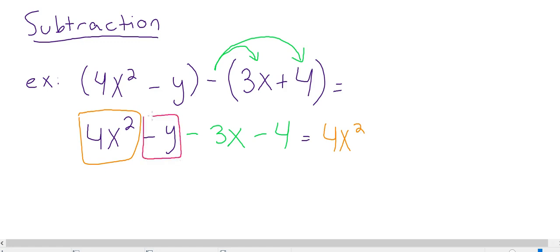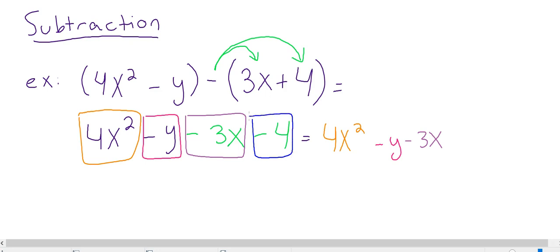This is really y to the 1. Are there any other terms that are y to the 1? Are there any like terms? There aren't, so it stays y. Next, minus 3x. Are there any like terms that have a base of x and an exponent of 1? And there aren't, so it stays minus 3x. And the last term, there's nothing else that we could add or subtract to it, and it stays 4.